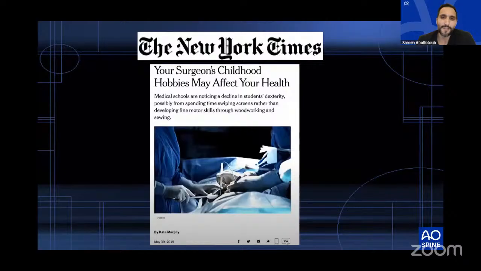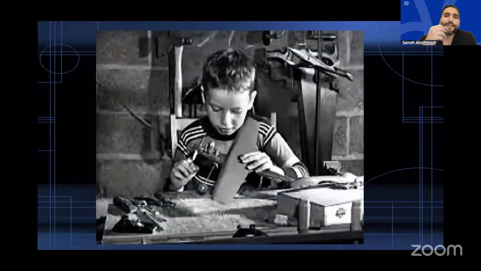Now, here's another article that I came across in the New York Times that basically states that whatever skills you develop as a child is basically going to dictate your skills as you grow up as a spine surgeon or as a surgeon in general, or as a healthcare advocate as well. Now, if you take a look at the older surgeons, they didn't have anything when they were younger, right? Because they didn't have iPads, iPhones, all the technology that we have nowadays. They basically had nothing apart from building those wooden blocks and trying to build stuff.